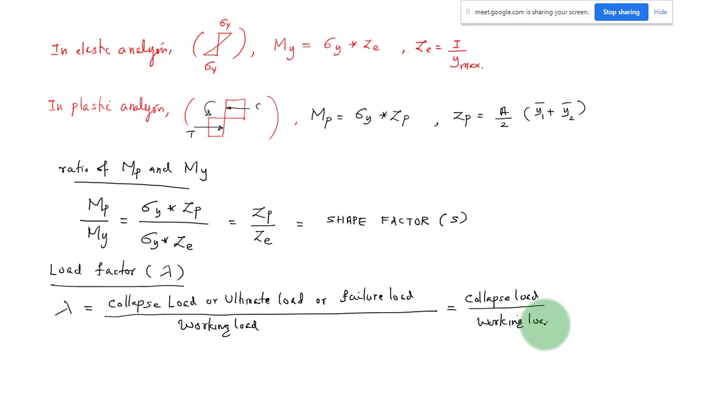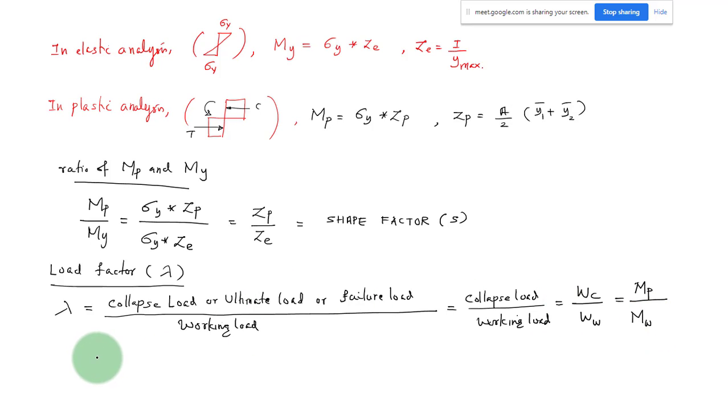This you can also write in terms of moment. So what is the moment corresponding to that collapse stage? Your moment will be plastic moment, ultimate, and working, the moment resistance corresponding to your working load. That is just the working moment I wrote.